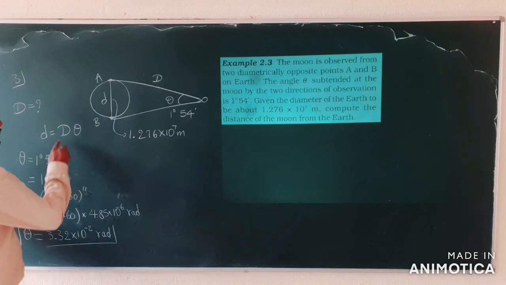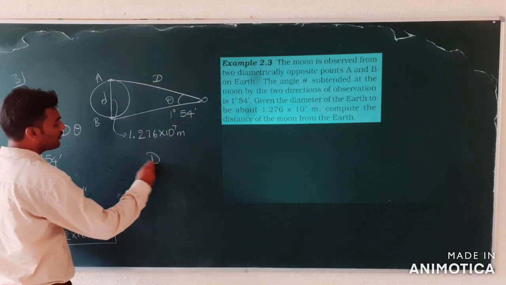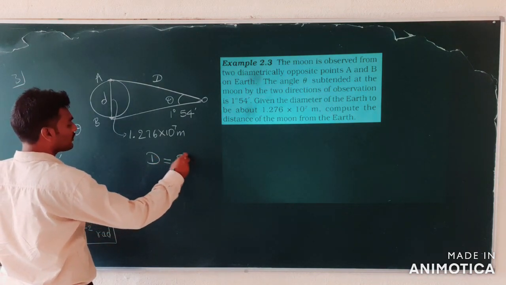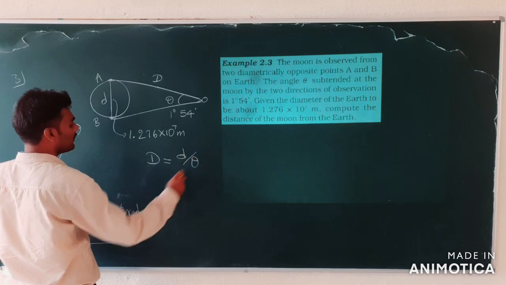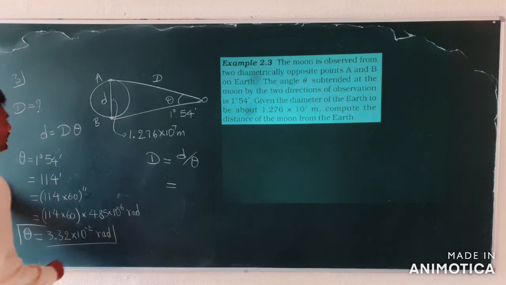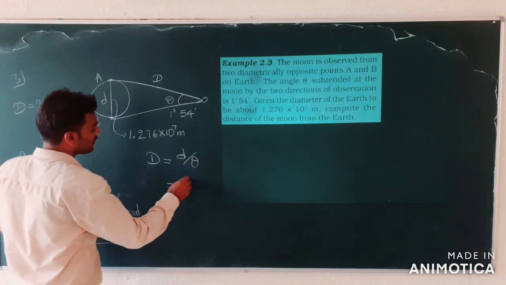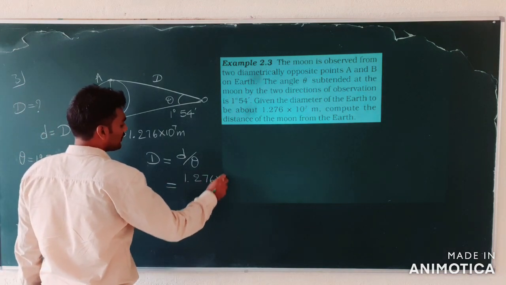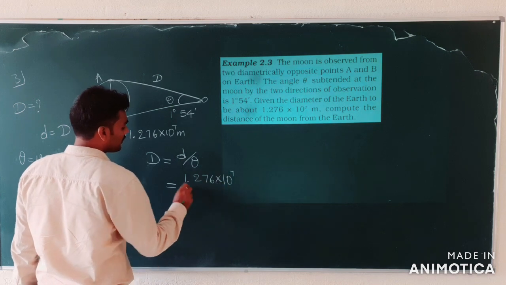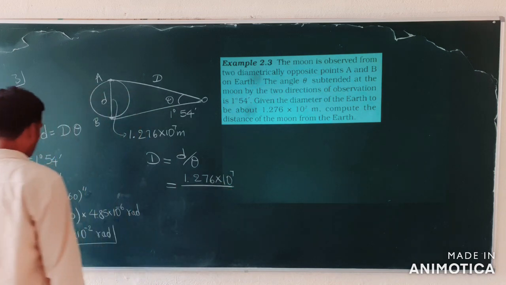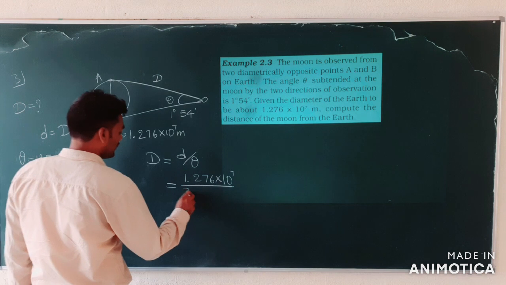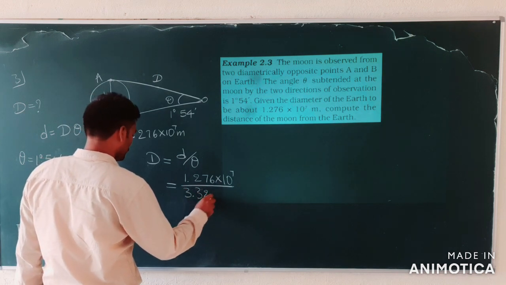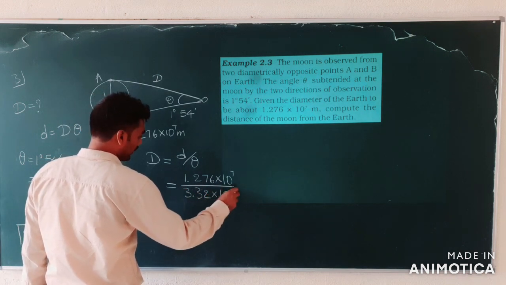But what we actually need is capital D, and from the formula capital D is equal to small d by theta. What is small d equal to? Small d is the diameter of the earth, which is 1.276 into 10 to the power of 7 divided by theta. What is theta? Theta is 3.32 into 10 to the power of minus 2.